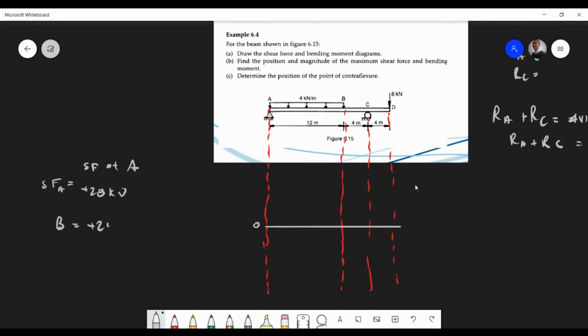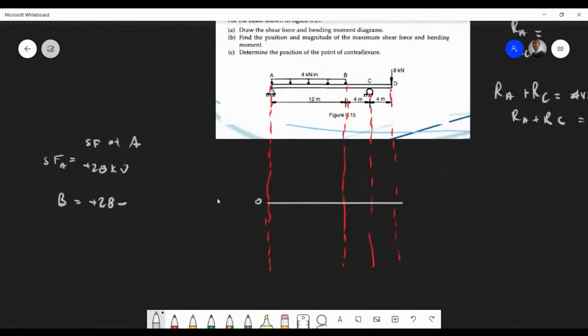Plus 28 minus how much? It's 4 kilonewtons per meter times 12, and that should result in how much? 20, right? Negative. At C, we've got 28 minus 4 times 12.